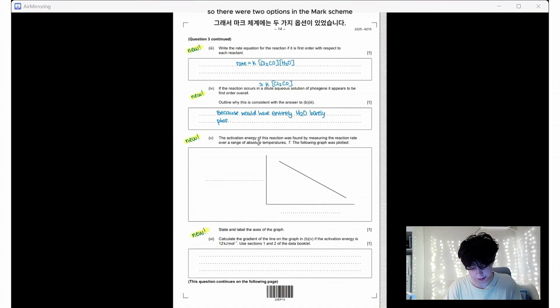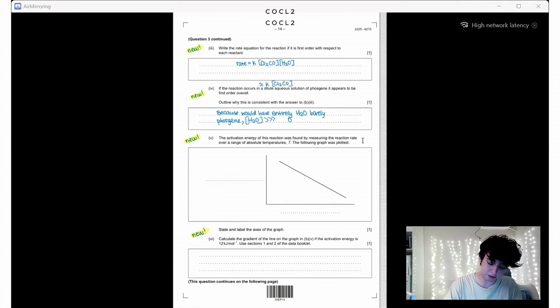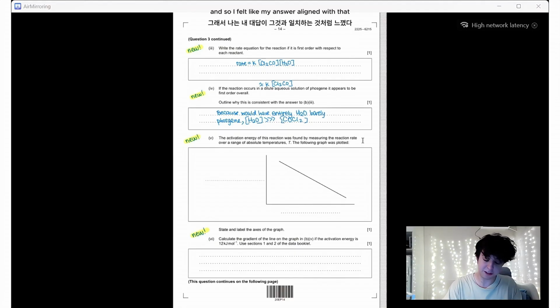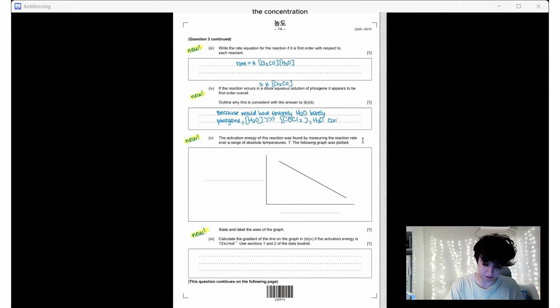So there were two options in the mark scheme. The mark scheme either accepted if you said something along the lines of the concentration of water is greater than the concentration of COCl2, phosgene. I felt like my answer aligned with that, but they also accepted it if you just said that the concentration of water is constant.